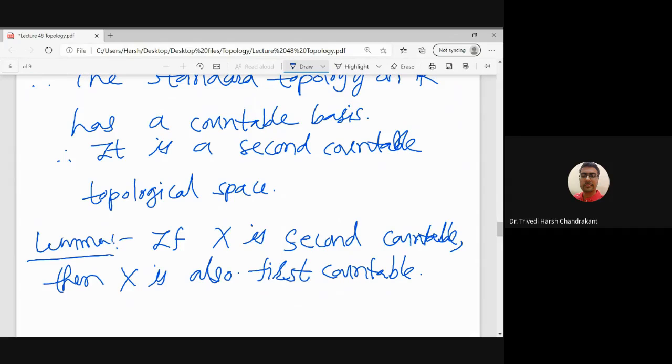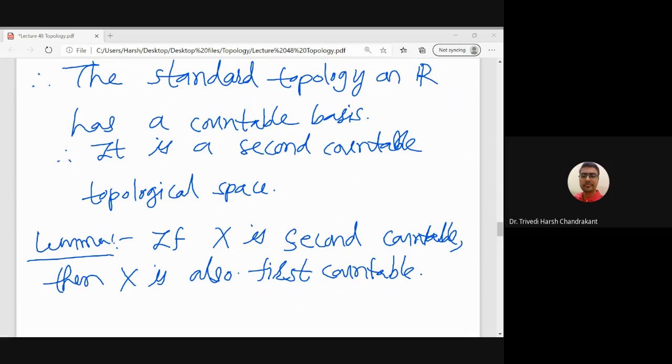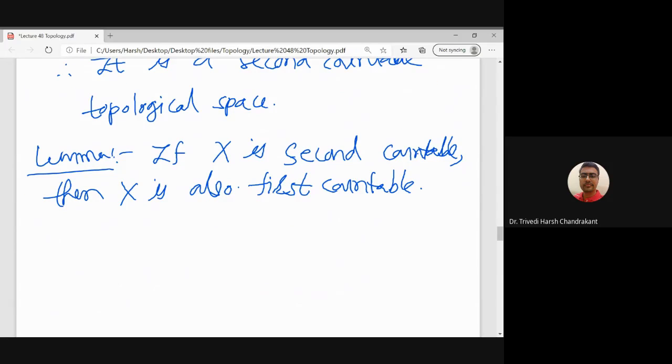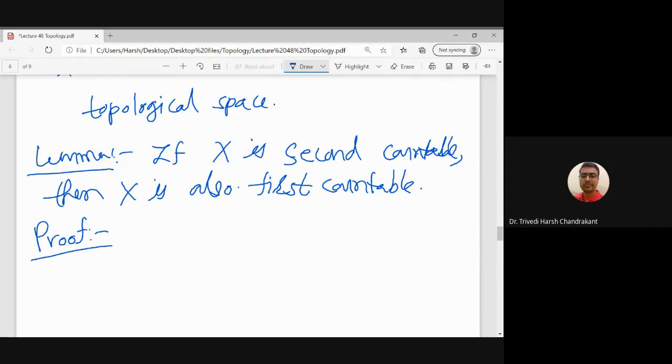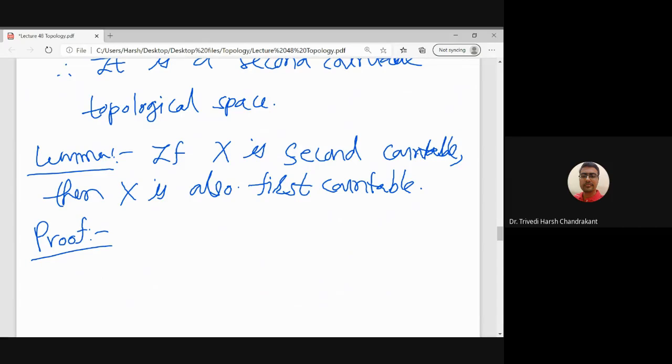So basically every second countable space is always a first countable space. We need to verify that, and more or less it is clear from the definition itself, because if the topological space has a countable basis, then the collection at a particular point we can consider to be countable. Let us see how to find that.